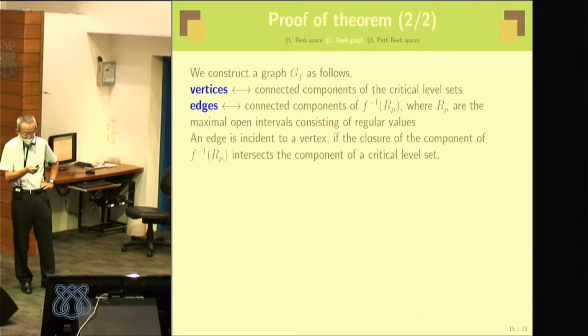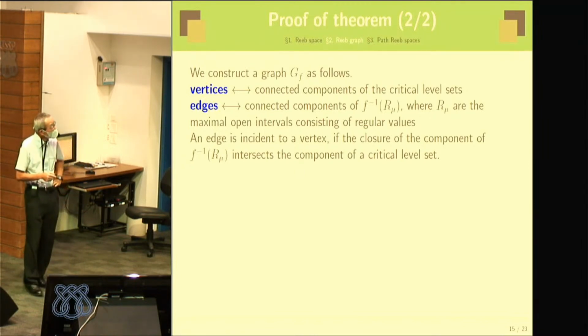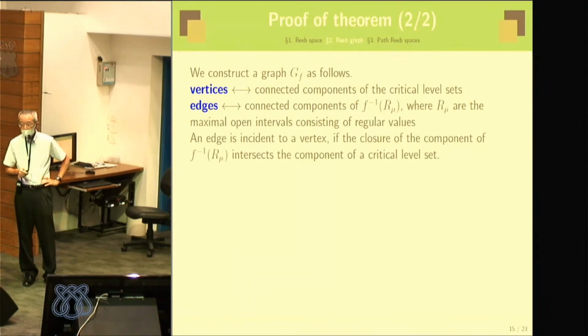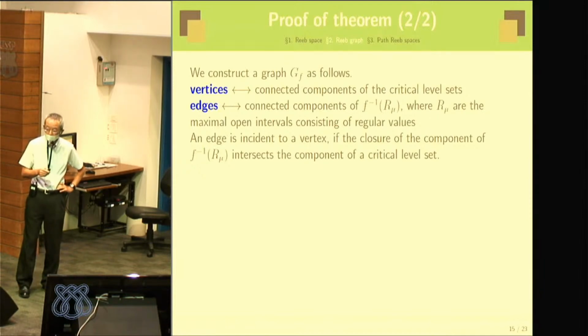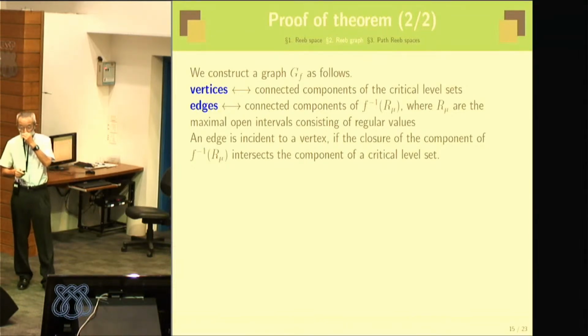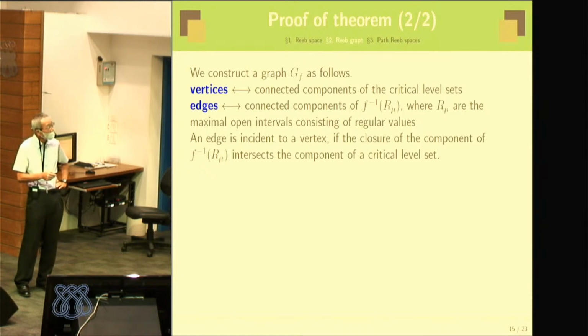Once you have this, we can construct a graph, capital G_F. This graph has vertices corresponding to the connected components of the critical level sets. As we have shown that each critical level set has finitely many connected components, you have only finitely many vertices because the critical values are also finite. And the edges correspond to connected components of F inverse of R_mu, where the R_mu are the maximal open intervals consisting of regular values.